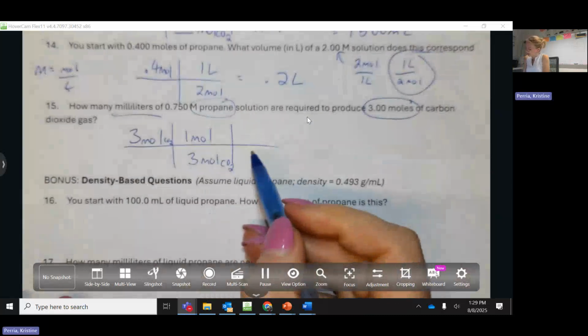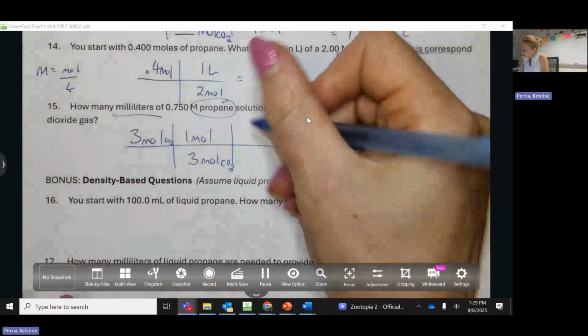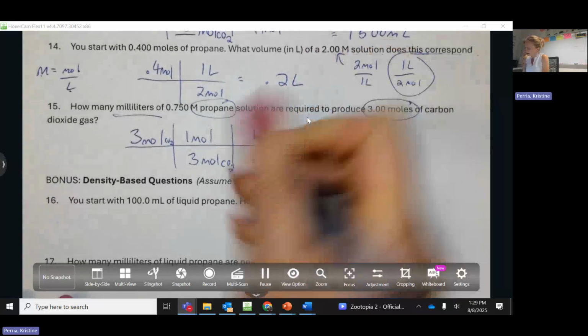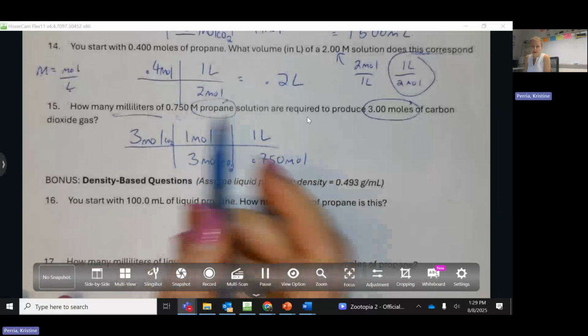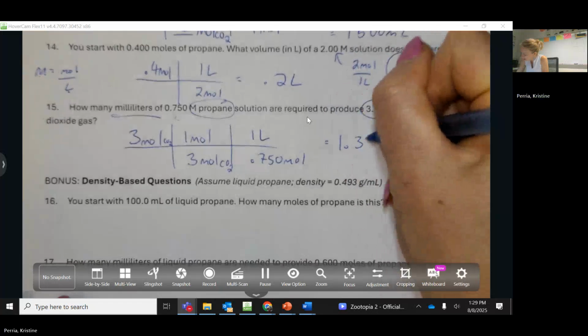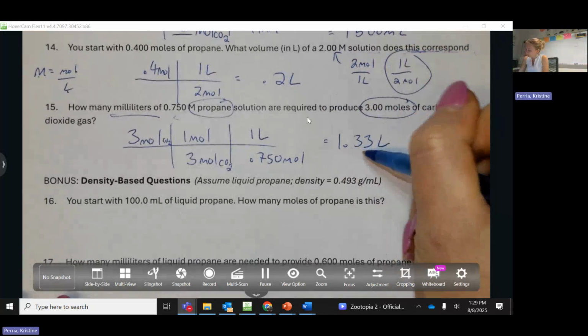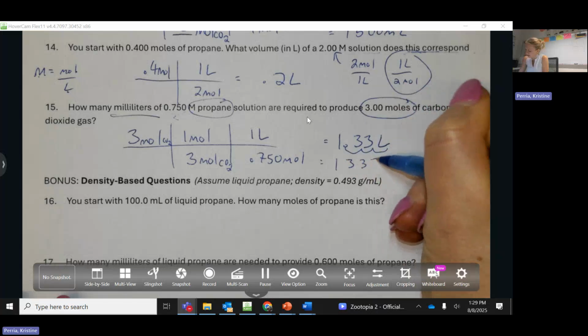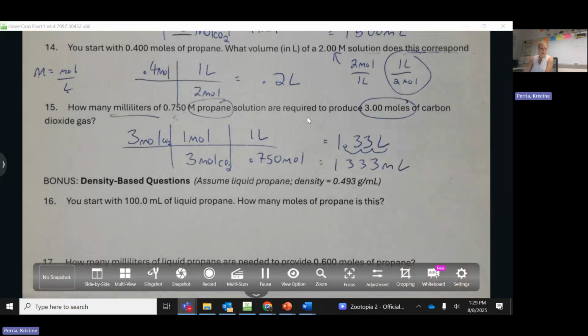And then I'm going to be using my molarity, okay, so I'm going to say for every 1 liter, I have 0.750 moles, right? That's how I got that from this molarity, okay? And if I divide that all up for number 15, I'm going to get 1.3 liters. And if I convert that to milliliters, move the decimal place 1, 2, 3 spots, that's going to be 1,333 milliliters.